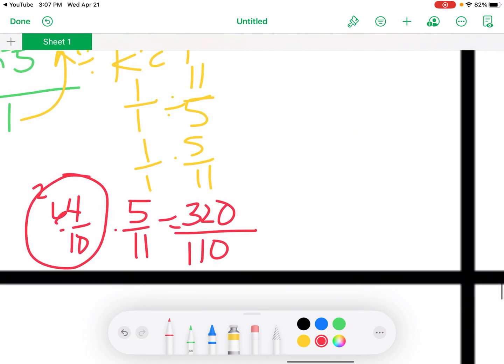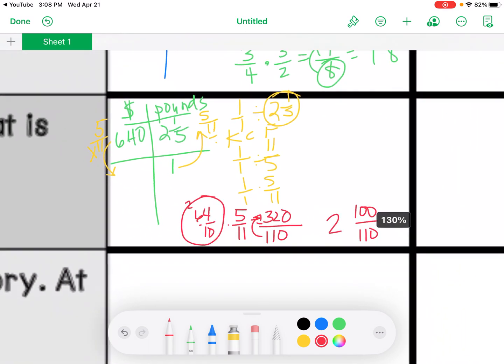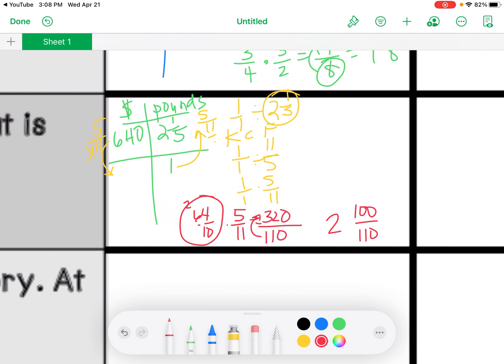Then I have to think, how many times does 110 go into 320? And I get 100 left over. So 2 and 10/11.